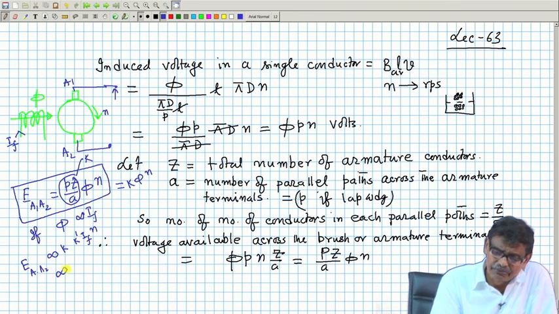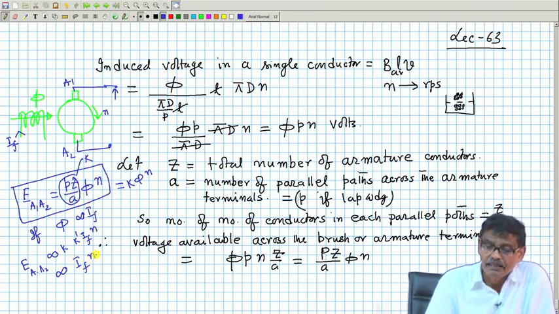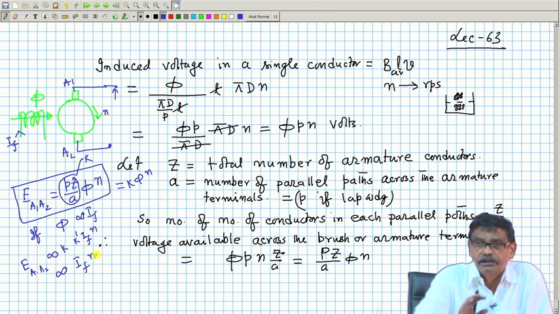So, the generated voltage is proportional to IF into n.